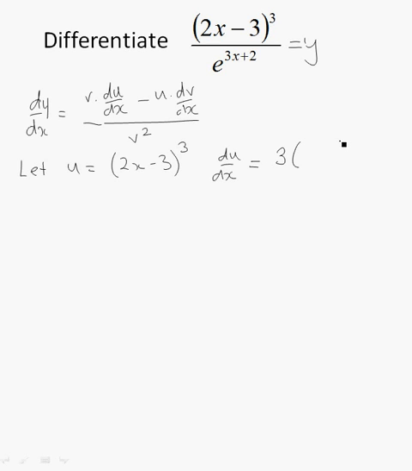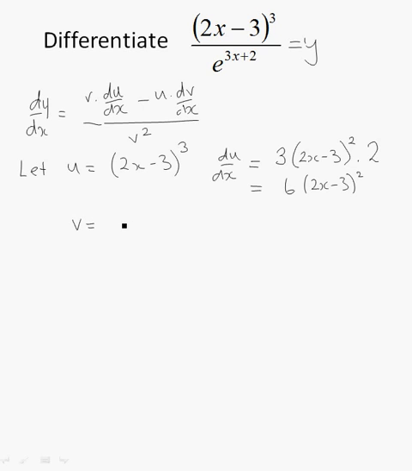So that means I get 3 times the bracket squared, and then multiplying the answer by the derivative of whatever's inside the bracket. So the bracket here is 2x minus 3, so when I differentiate inside the bracket, it's a 2. So if I put the contents of the brackets back, that's what we've got. So that's, multiplying it out, 6 times (2x minus 3) squared.